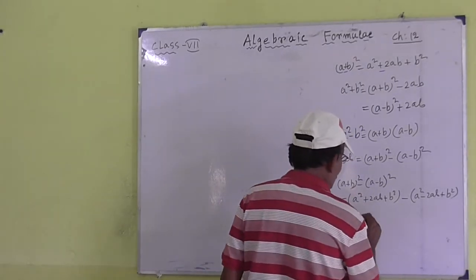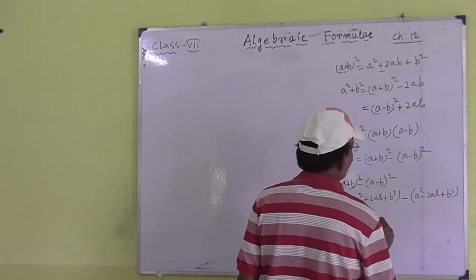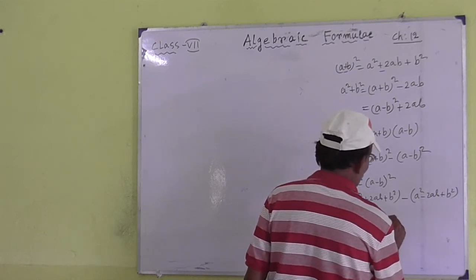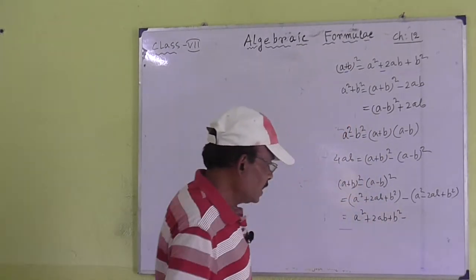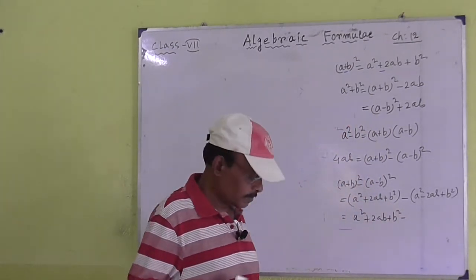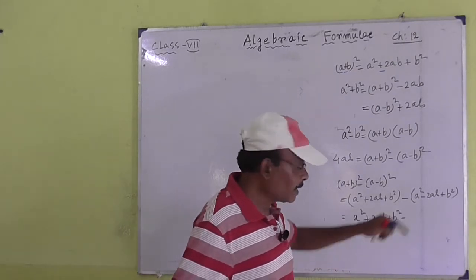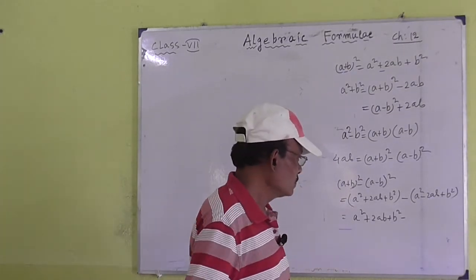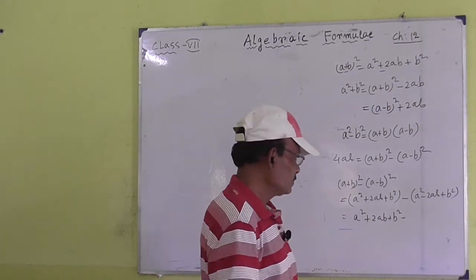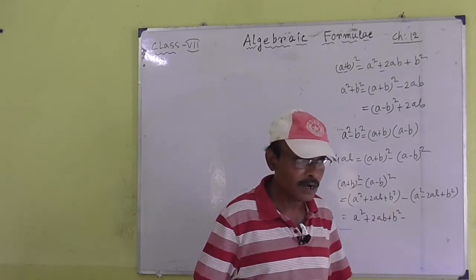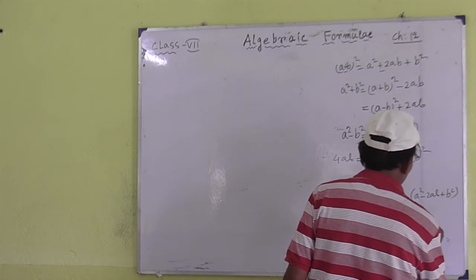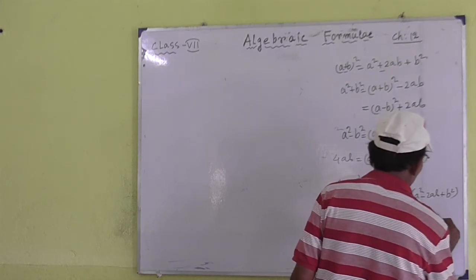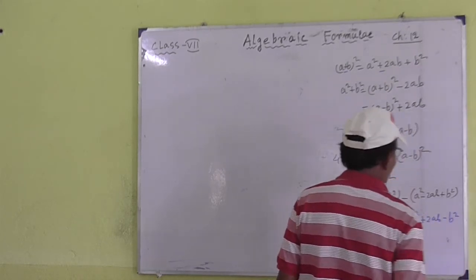So, it will be a square plus 2ab plus b square. Now, here a square minus 2ab plus b square. Here it is a minus sign. So, in the bracket all the signs are changed. So, it will be minus a square plus 2ab minus b square.